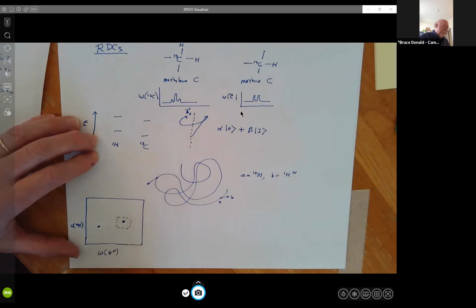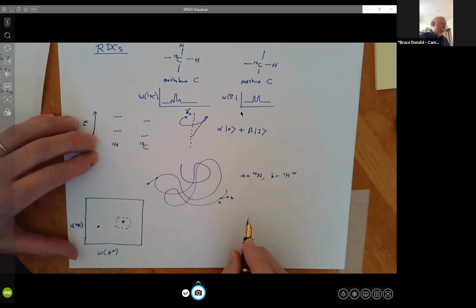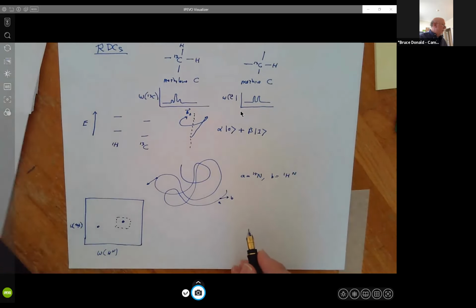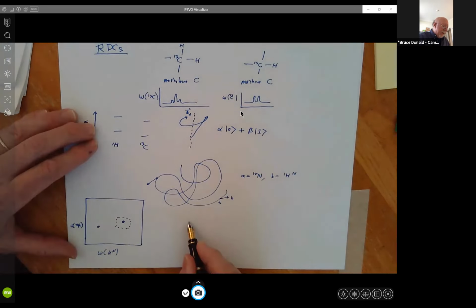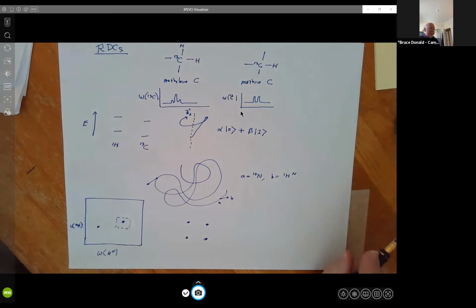What you'd see if you did these without some extra fancy pulse sequences is you would actually see something that looked more like this. You would see something along these lines, and that's exactly what you would expect because in some sense the two levels of the N15 nucleus split the proton, and the proton splits the N15 resonance too.